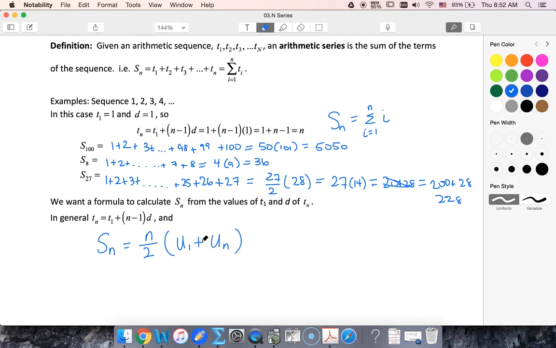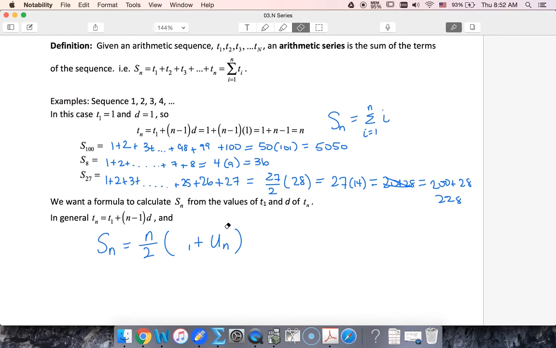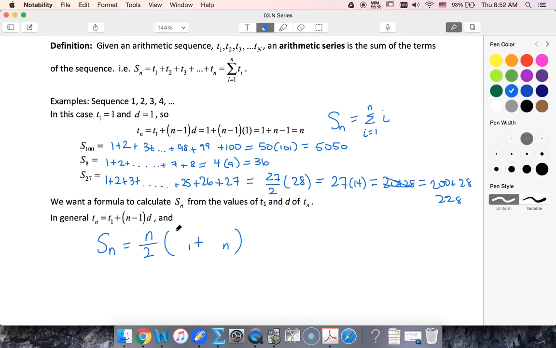Well, this is really handy if I know the last term, but what if I don't know my last term? If I don't know my last term, I'm going to use my formula. And remember, we can use different letters. I always default to u, but I could also use t for my term 1 and term n. So since my directions say that, I'm going to go back and correct that.